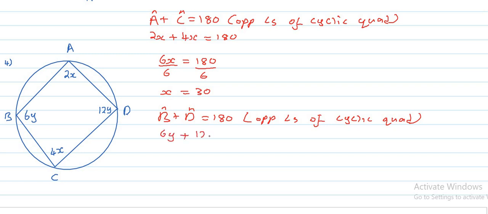Angle D is 12y, equals 180. 6y plus 12y is 18y equals 180. Then you divide both sides by 18. The value of y will be equal to 180 divided by 18, which is 10 degrees. That's the value of x and y.